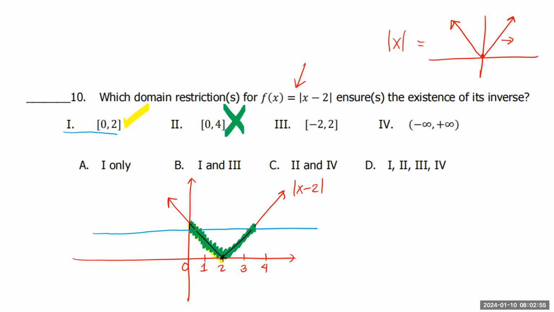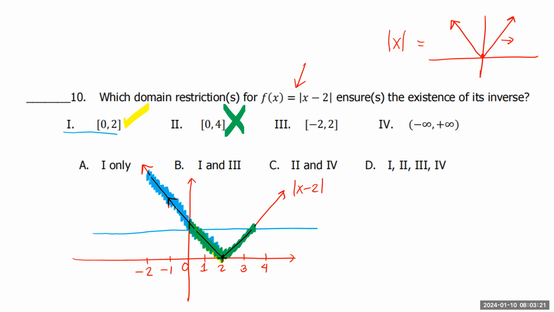How about number 3? Negative 2 up to 2. Okay? So kailangan nating i-extend yung ating graph. Yan. So this is negative 1, this is negative 2. So ang i-consider lang daw natin ay negative 2 to 2. So this shaded one right here, the blue one.